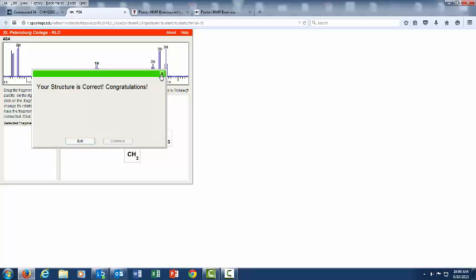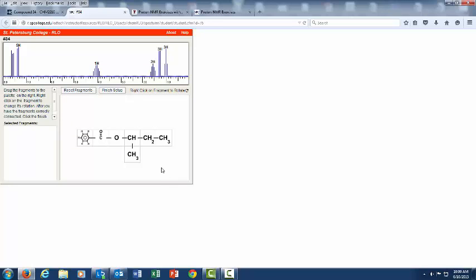So you get feedback when your structure is correct, as long as it's oriented properly. And it will always be oriented properly as long as you followed my advice regarding the rotation of only methyl groups in the structures. As I said, if you do run into problems and you need the answer, you can go find it in the answer file at the top of the exercise.